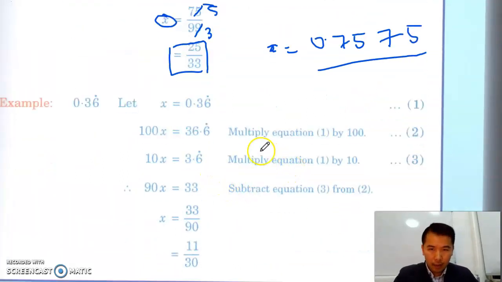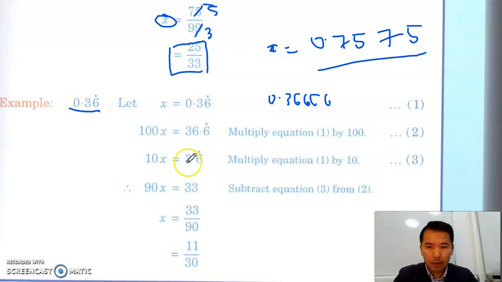This is another scenario. When you have this scenario, you notice that only the 6 is repeating. So in this case, it means 0.36666. So 6 is repeating multiple times. So here you have equation 1, equation 2, equation 3.